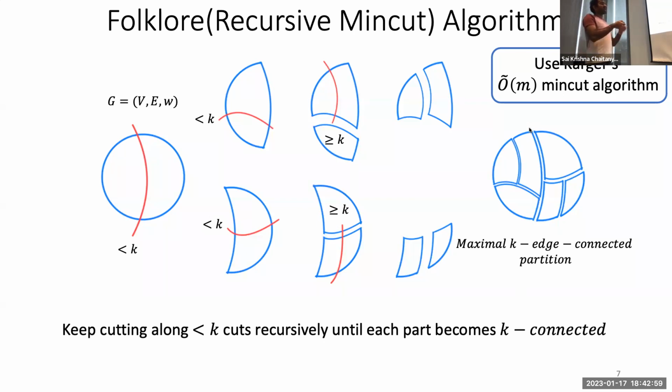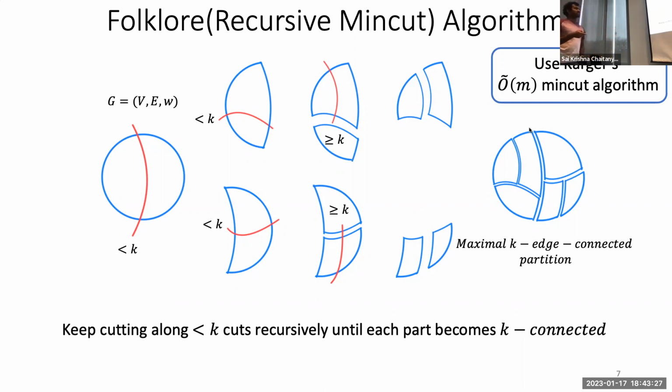But at some point we have cut that superset using a cut of size less than k, because all the cuts that we are using, all these red cuts, are of size less than k. So if there is a supergraph that is k-edge connected, we would have cut it using a cut of less than k, which is not possible. And that is why this is indeed correct. Everything is k-edge connected as well as maximal, and hence we found our maximal k-edge connected partition.